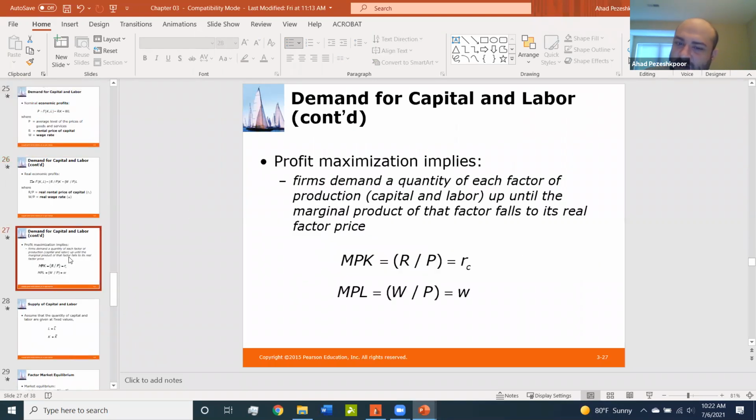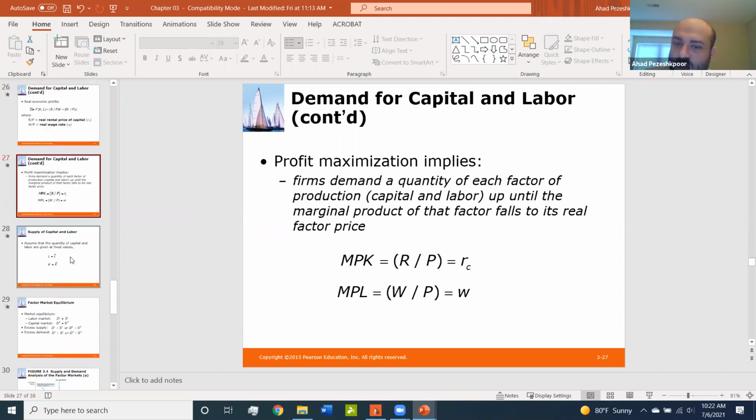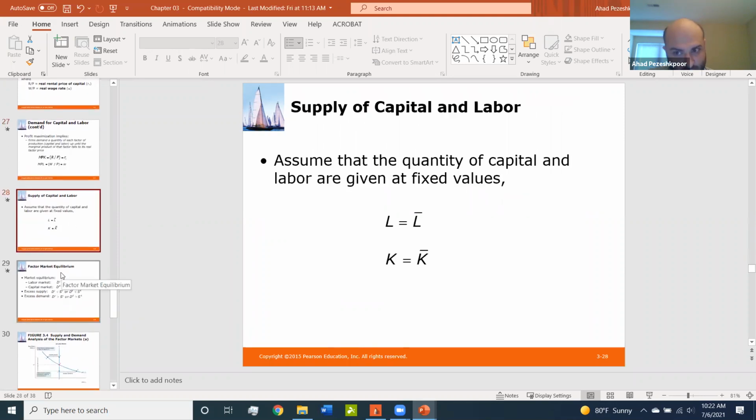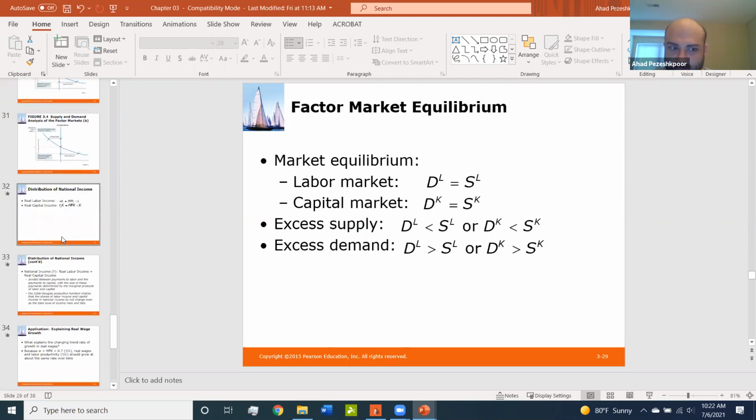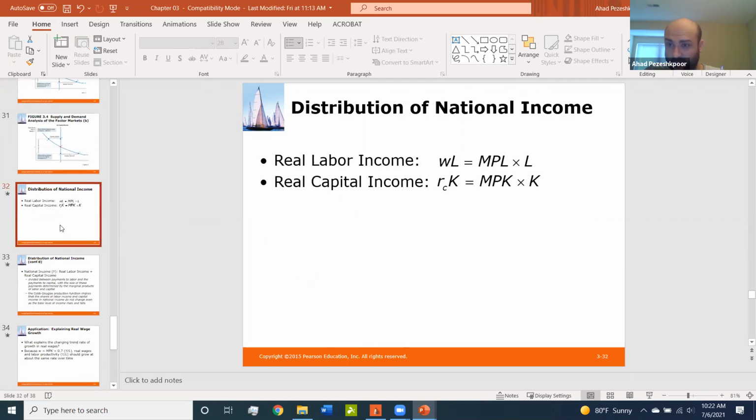You take the derivative of a function and set it equal to 0. Then you find the value that makes it equal to 0. Now, if this is a function with 2 inputs, capital and labor, you have to take partial derivatives. This is very difficult and could complicate things a lot, so I won't ask you to do it.